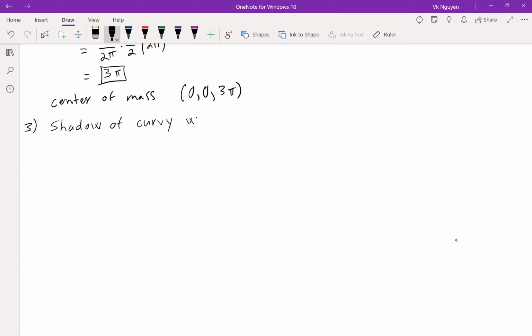Curvy wall fence. There are 2 of them because you got to project it on the x, y axis. Okay, here come.